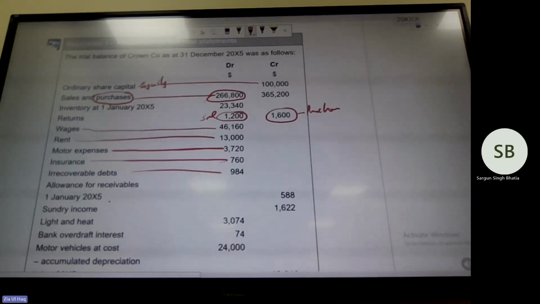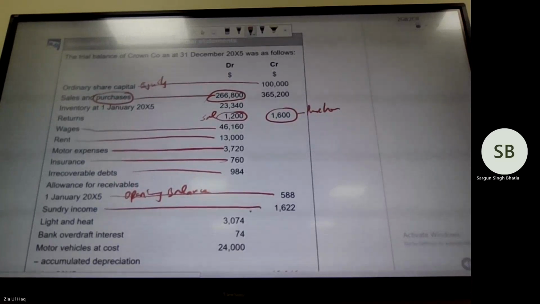Allowance for receivable at 1st January 20x5 means this is the opening balance of allowance for receivable. What to do with this, we will discuss later. Sundry income means other income, other than sale. Light and heat is an expense. Bank overdraft interest, expense.